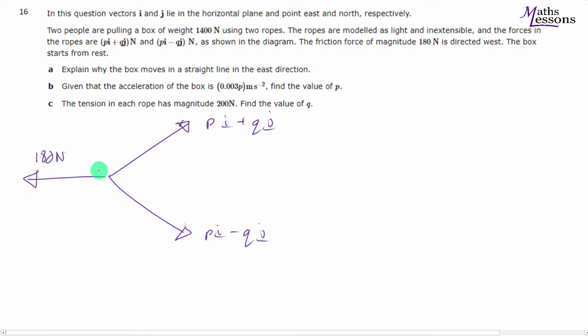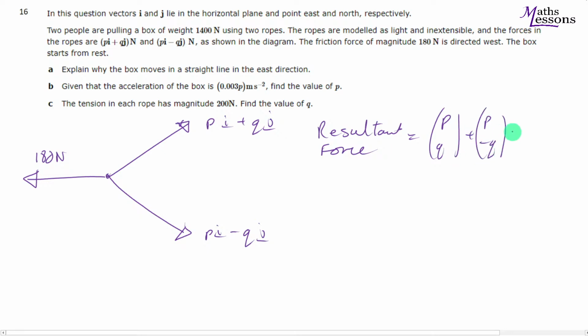Those are all the forces acting on our box. So therefore, our resultant force will equal (P plus Q) plus (P minus Q) plus minus 180, 0. That gives us 2P minus 180, 0.